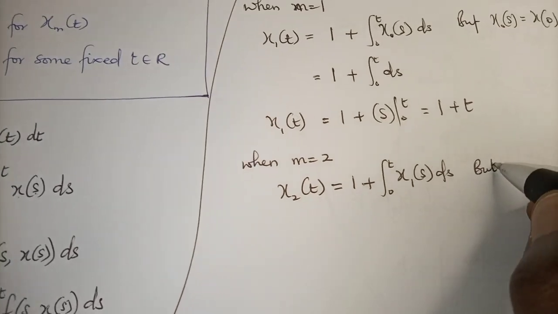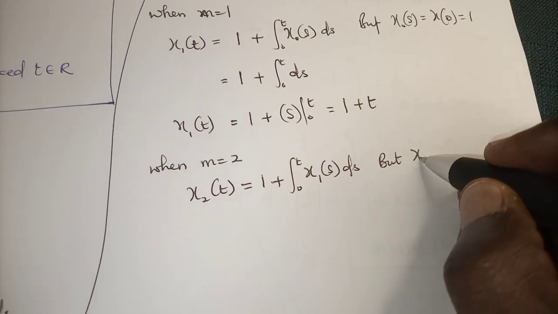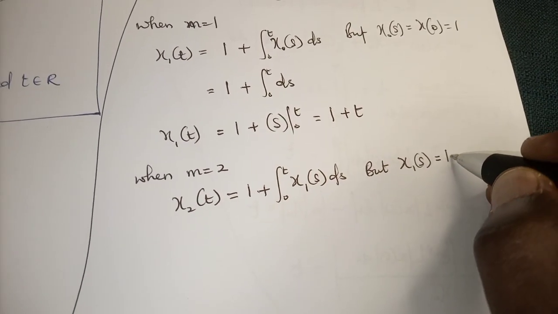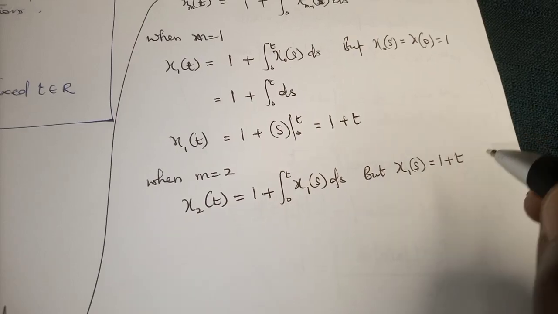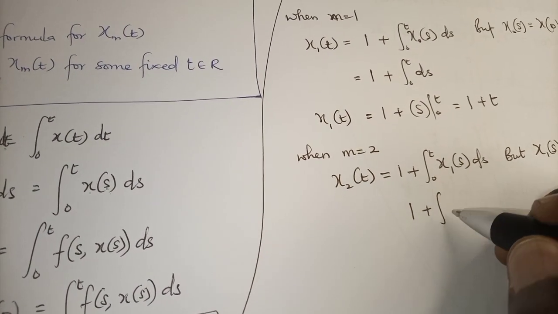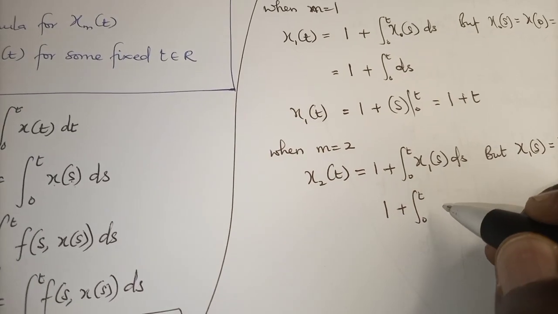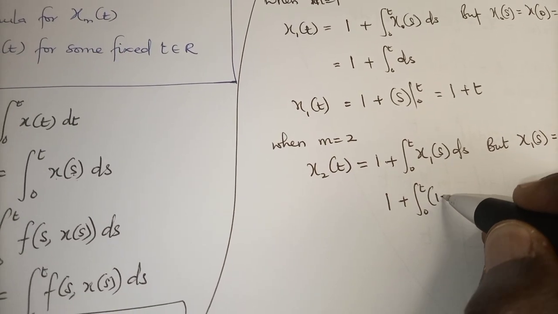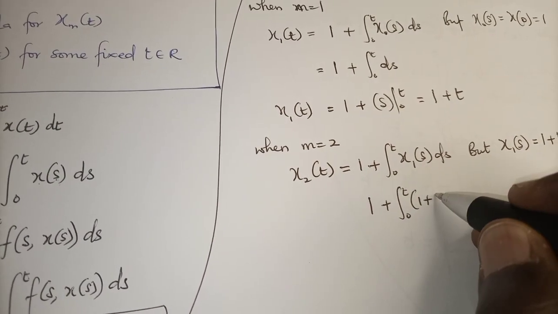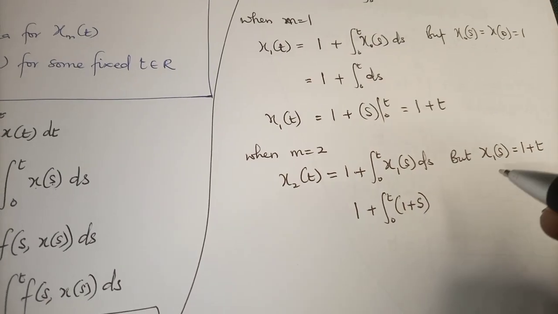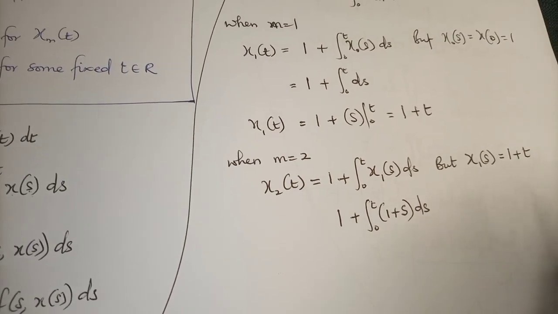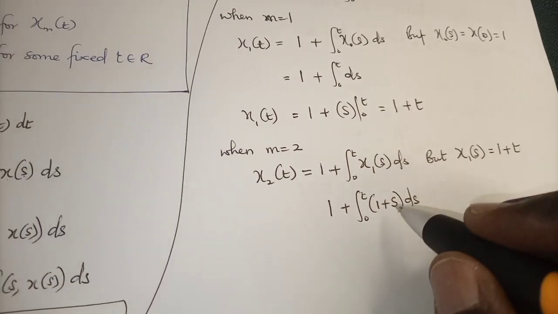But we know that x sub 1 equals 1 plus t, so we now have 1 plus the integral from 0 to t of 1 plus s. We use s since we are using s as the independent variable. Then we integrate this.